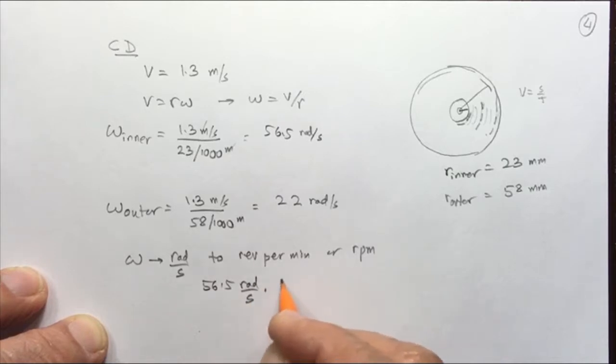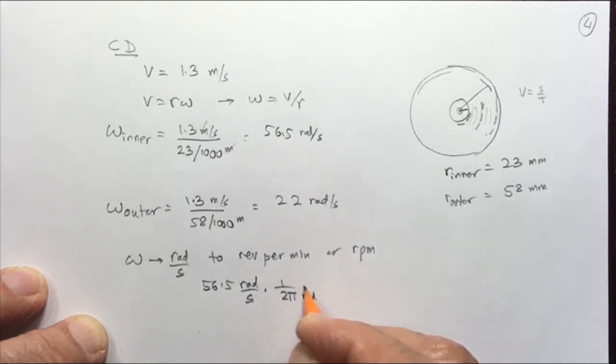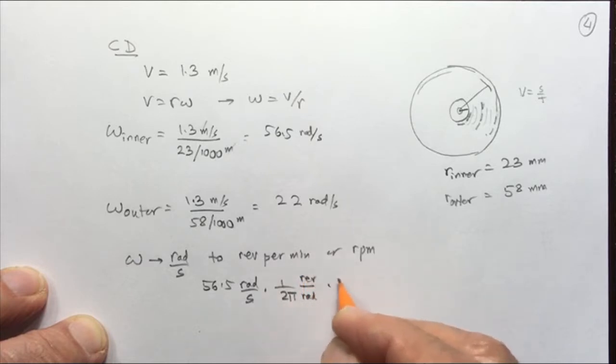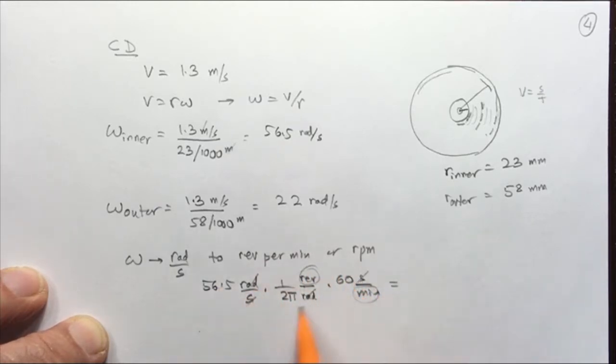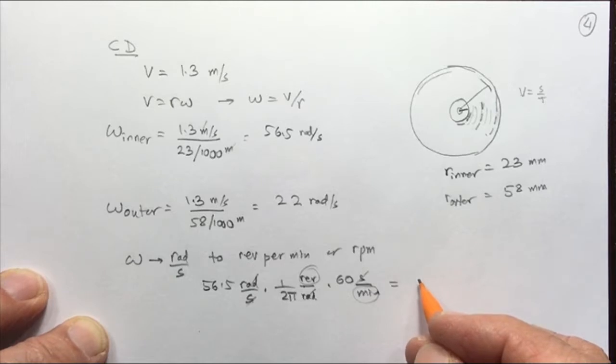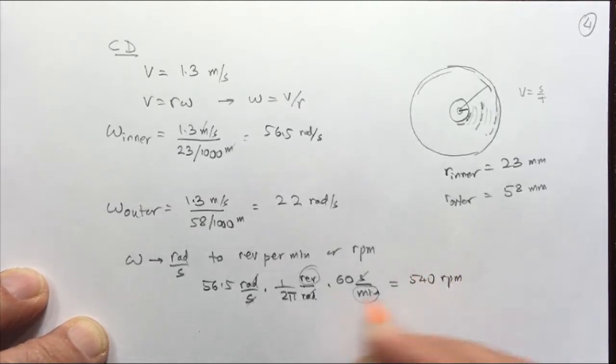We divide it by 2 pi to convert it to revolutions, and that's per second, so that's a radian per revolution, and we multiply with 60 seconds per minute. The second will cancel, the radian will cancel, we're left with revolutions and minutes. So when we solve this, we get 540 RPM, revolutions per minute.